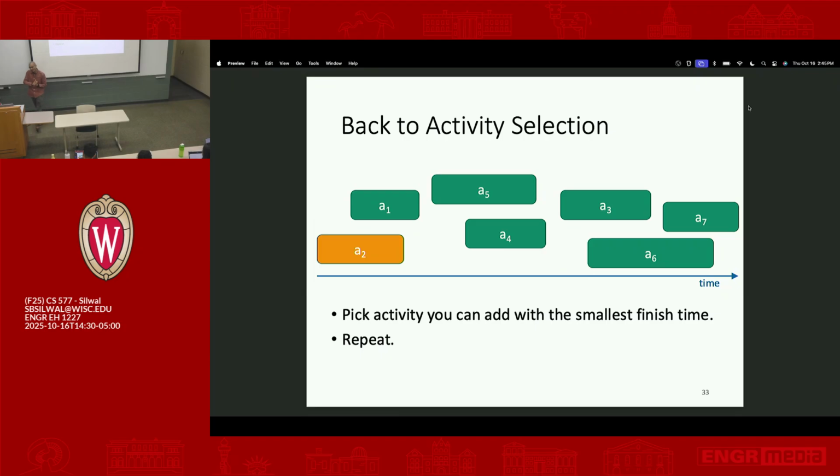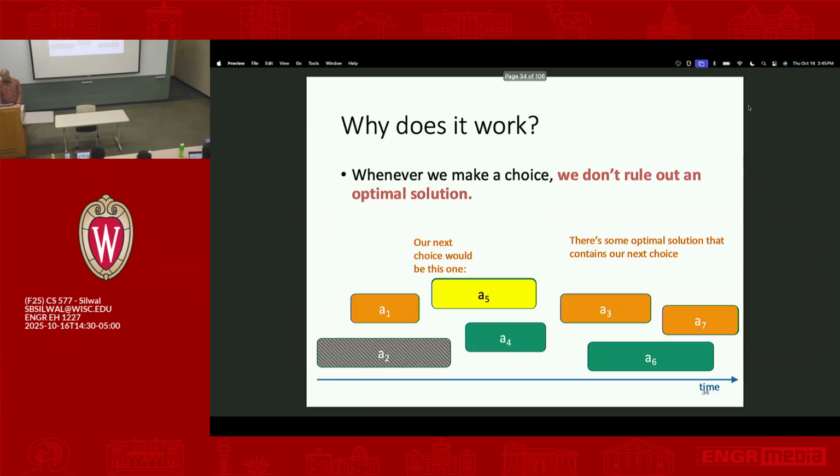And now I want to show that the next choice I make will maintain the fact that it's part of some optimal schedule, okay? So this one we picked, in the beginning it's part of this optimal schedule. We want to show that whenever we make the next choice, we don't rule out being optimal.